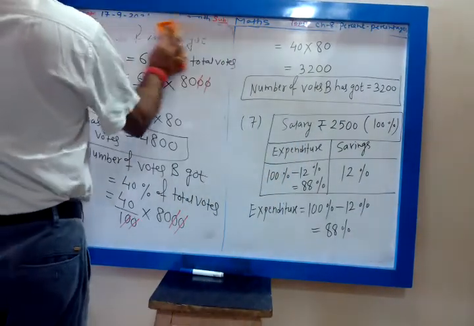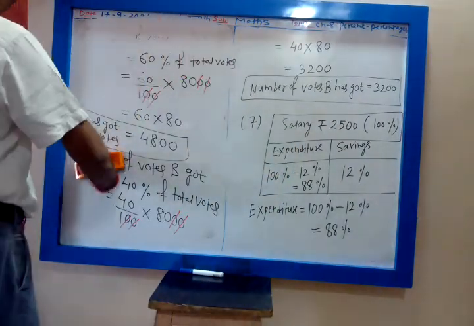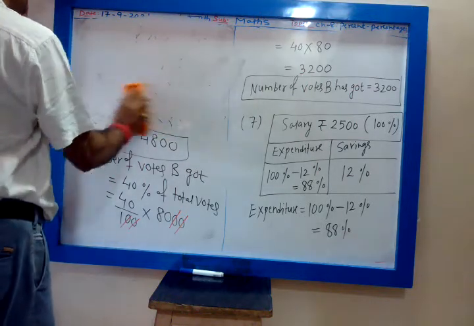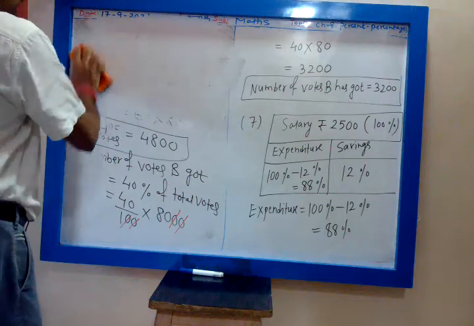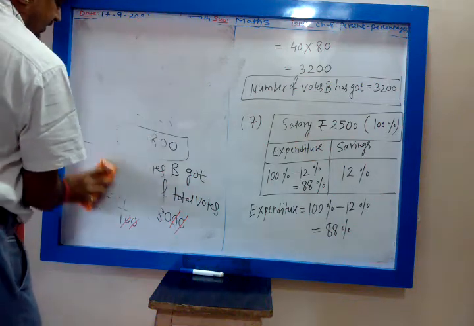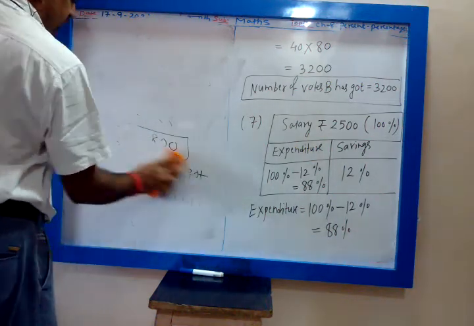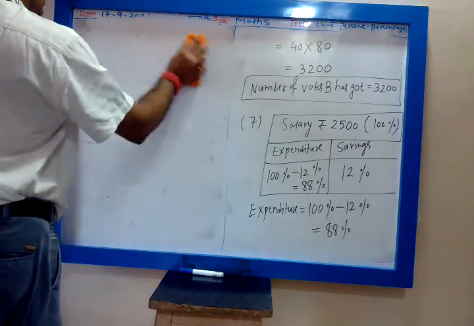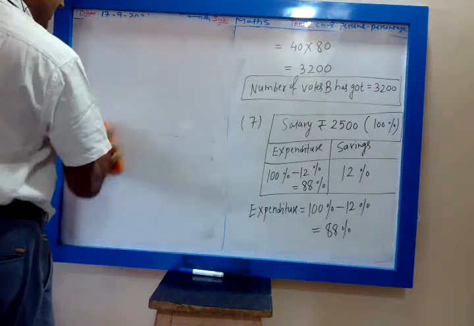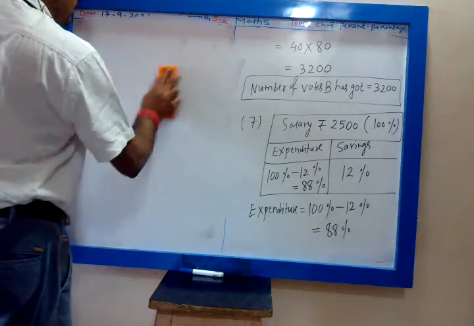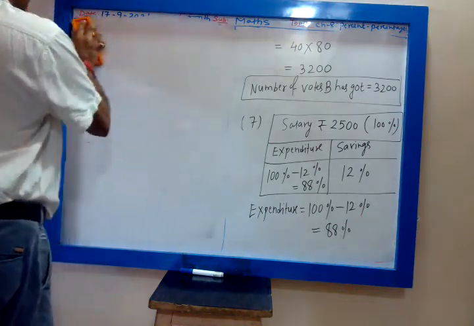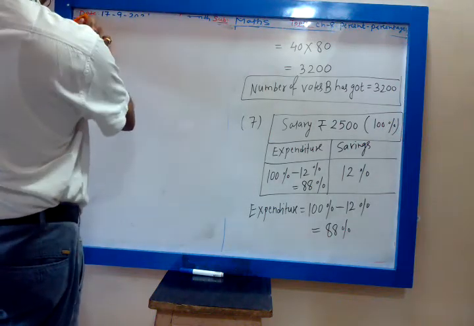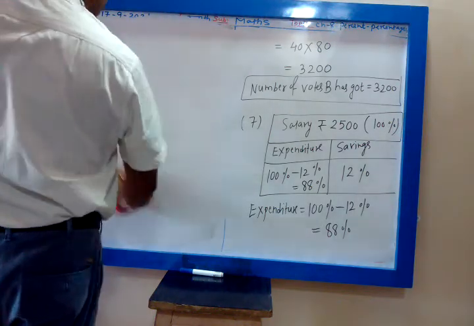Now we have to find the amount of expenditure. We have calculated the percentage of expenditure, but now we have to calculate the expenditure in rupees, meaning the amount of expenditure.